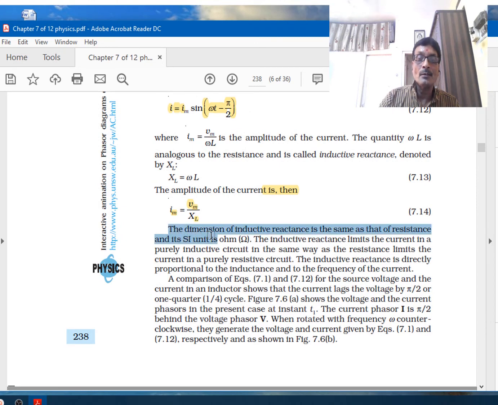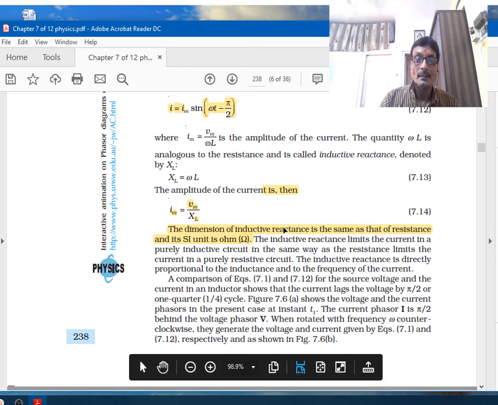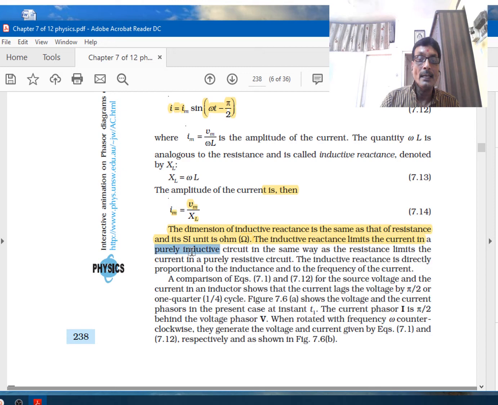The dimension of the inductive reactance is the same as that of resistance, and its unit is also ohm. The inductive reactance limits the current in a purely inductive circuit in the same way as resistance limits the current in a purely resistive circuit.